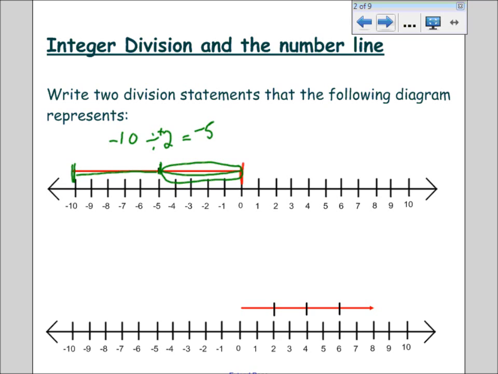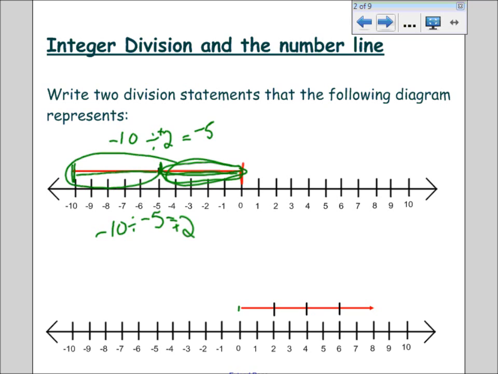So negative 10 divided by positive 2 equals negative 5. We can also say that if you divided them into groups of negative 5, so if you took negative 10 divided by negative 5, you would have two groups, which is a positive.